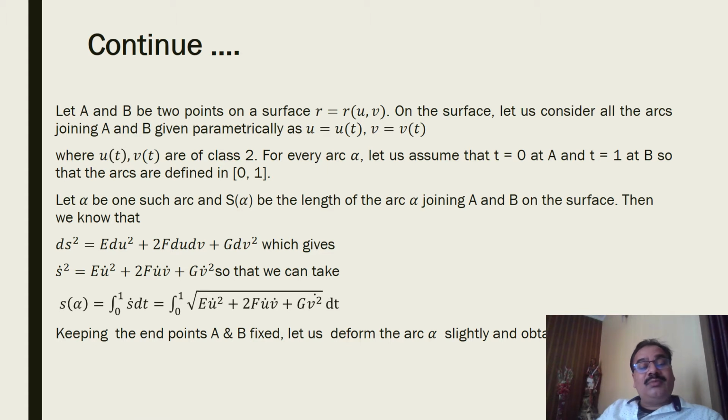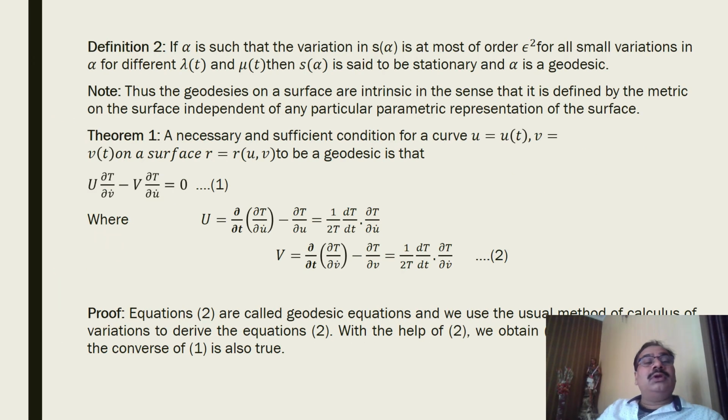Keeping the end points A and B fixed, let us deform the arc alpha slightly and obtain alpha dash. So this is the mathematical definition of how to calculate the arcual length of the curve.